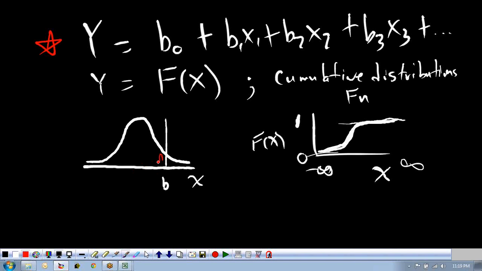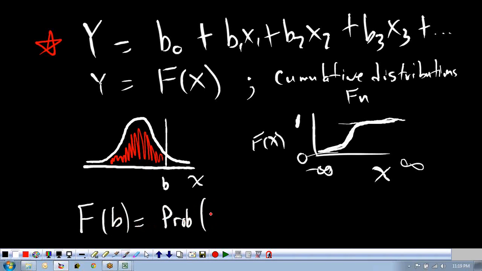The cumulative distribution actually is the function that tells me the following. It says f of b is equal to the probability that x is less than or equal to b. In other words, it's the area to the left of whatever b is.